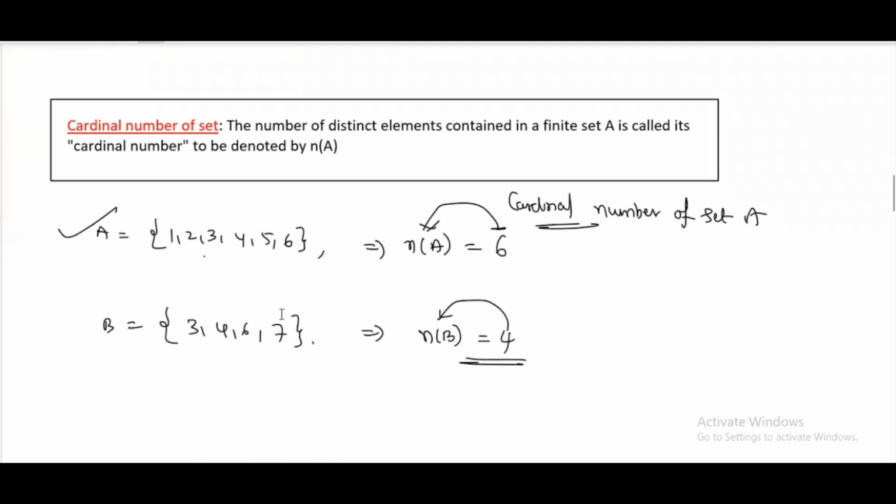Next, equal sets. What is meant by equal sets? If you consider two sets A and B, they are called equal if every element of set A is an element of set B and every element of B is an element of set A. That means both have the same number of elements and the same elements, like set A is 1, 2, 3, 4 and set B is 3, 4, 1, 2.